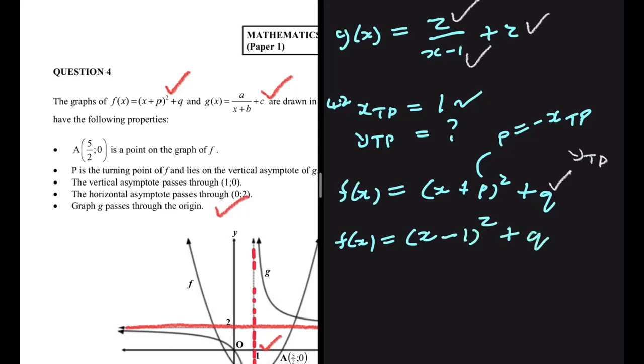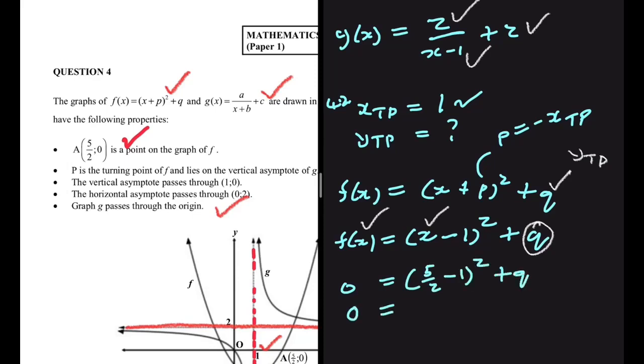So let's take a point on the graph. We can take A. A is a point on the graph f. If we substitute A, we're going to have a y value and an x value. The only thing that we're going to be left with is q. So let's go ahead and do that. The y value is 0 and the x value is 5 divided by 2, so 0 equals (5/2 minus 1) squared plus q. 0 is going to be equal to 9 divided by 4 plus q.